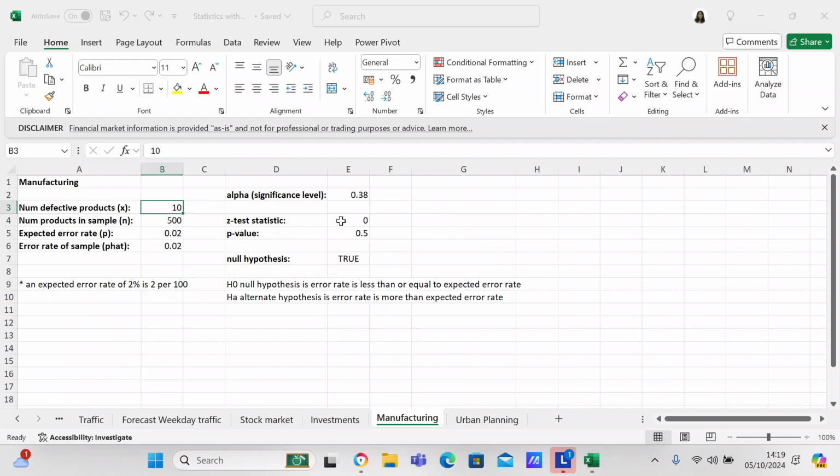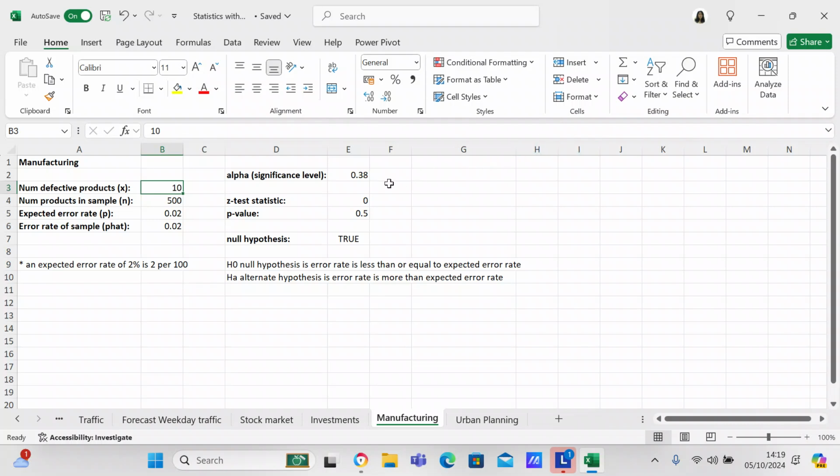For our Z statistic, we've got a formula, and it's B6, the error rate of the sample, minus the expected error rate, divided by the square root of the expected error rate times 1 minus the expected error rate, divided by the number of products in the sample.